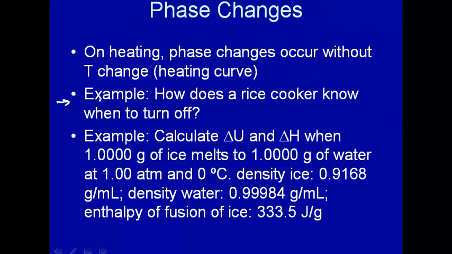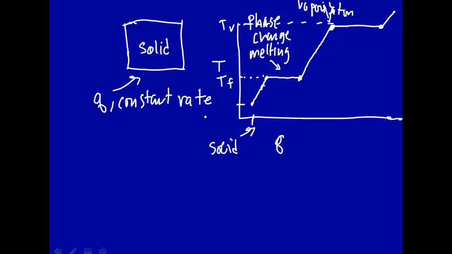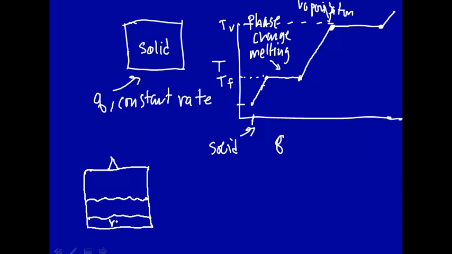Here's an interesting example. How does a rice cooker know when to turn off? All right, so here's our rice cooker. And let's make a little steam vent up here and so on. Here's some water, and here is some rice. As this thing cooks, there's a heater down here, a rice cooker diagram, not to scale.